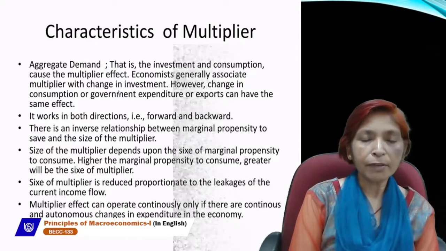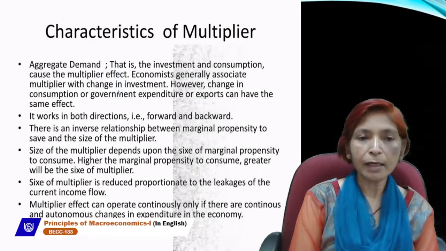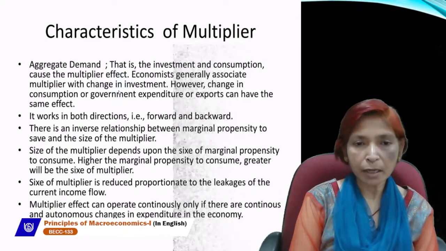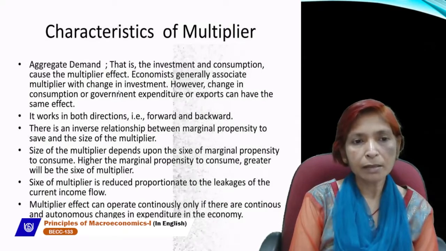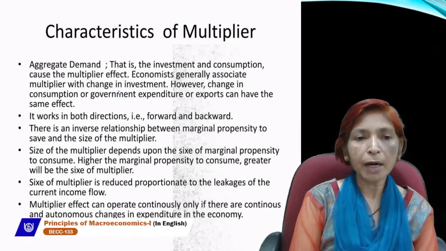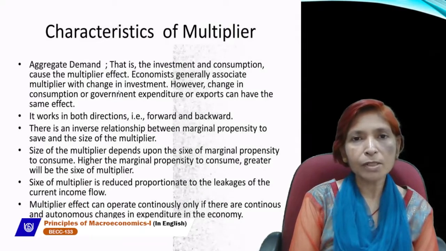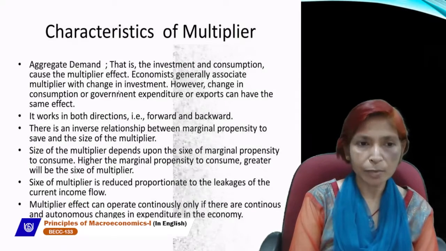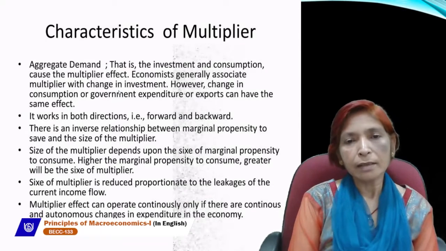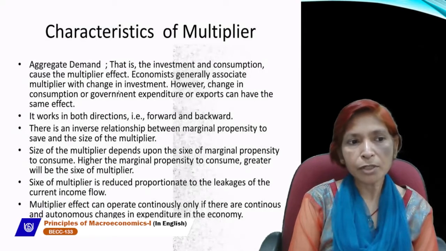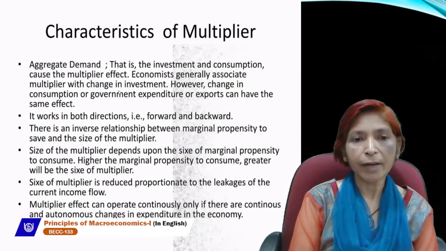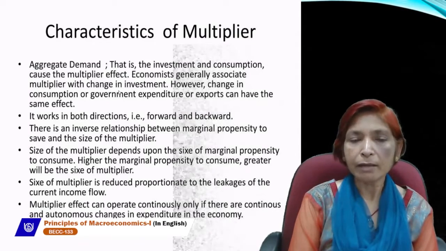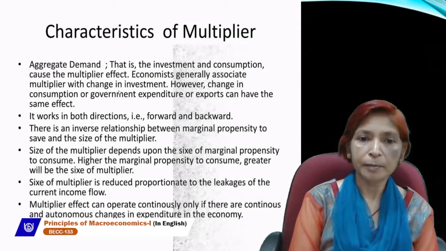The first feature of multiplier concerns aggregate demand. Aggregate demand is the summation of consumption demand and investment demand, and we can write aggregate demand in this form: Y equals C plus I. Here C is consumption and I is investment. Aggregate demand, that is the investment and consumption, causes the multiplier effect. Economists generally associate multiplier with change in investment.